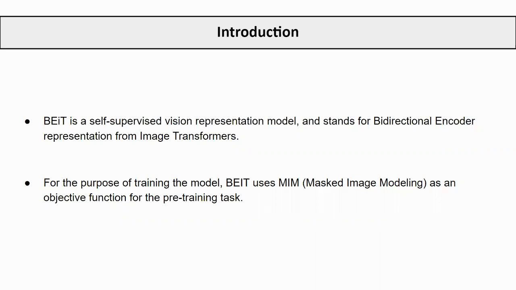Here, the MIM teaches BEIT to understand the relationship between words, where some images are masked randomly to be replaced by learnable images. The BEIT model is trained in a self-supervised manner on large images and then fine-tuned to do either image classification or image segmentation depending upon the task required.